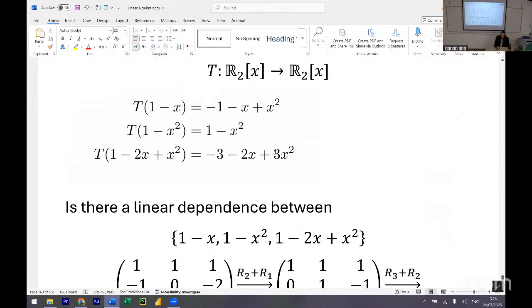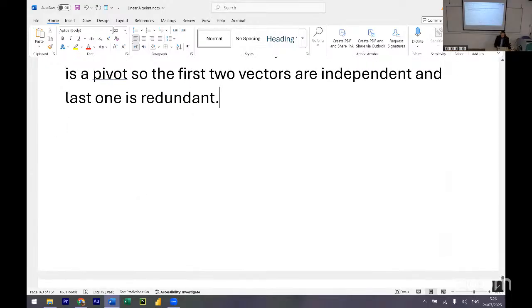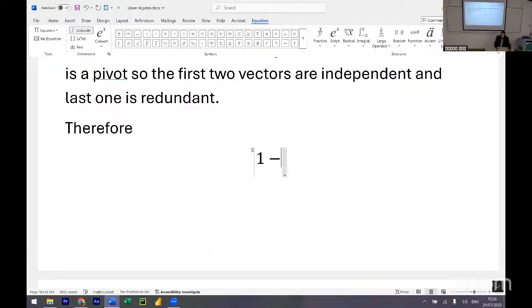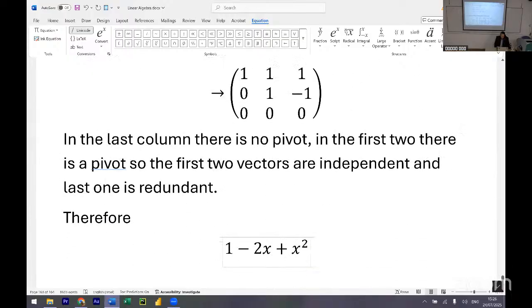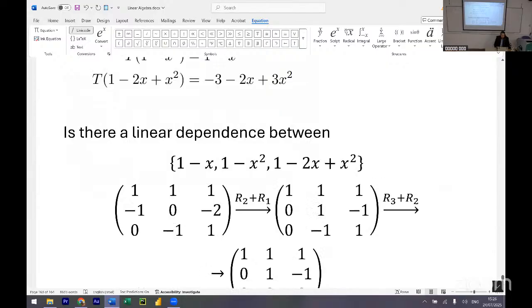So now going back to this, we know that 1 minus 2x plus x squared, the third vector, is a linear combination of the first two.